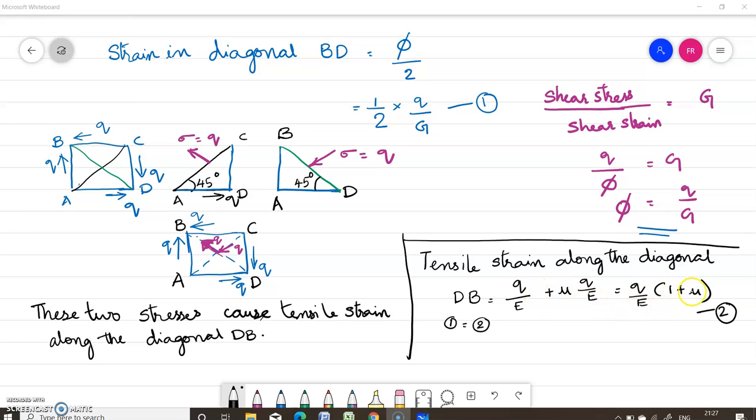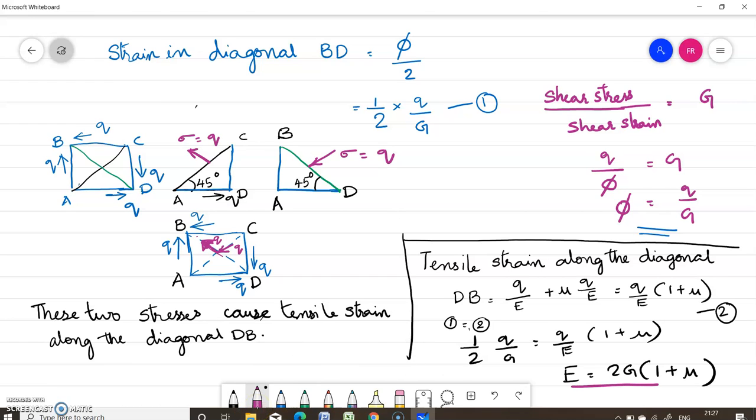So you will get q by E into 1 plus mu. Now equating equations 1 and 2, you can write 1 by 2 into q by G is equal to q by E into 1 plus mu. So you will get the relation E equal to 2G into 1 plus mu. So this is the relationship between E and G.